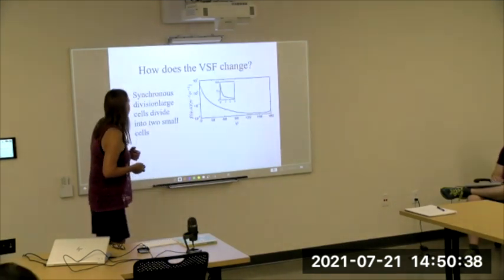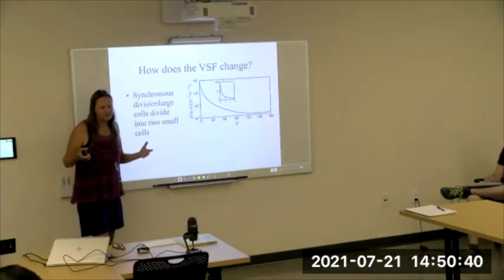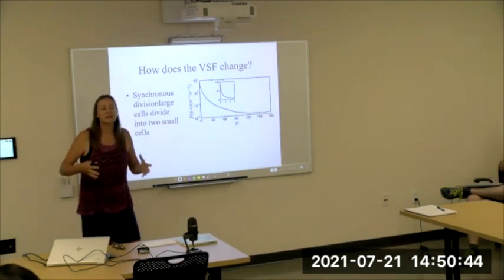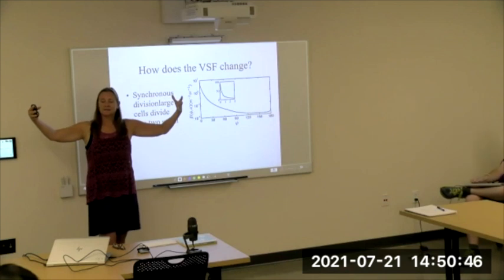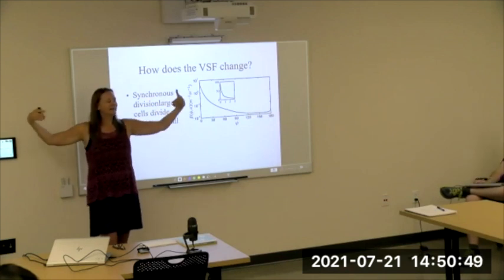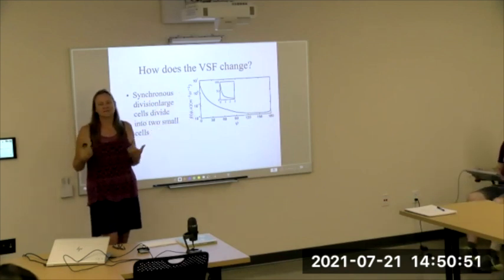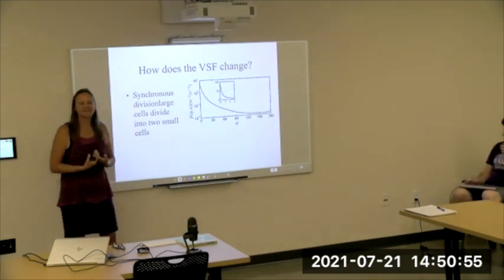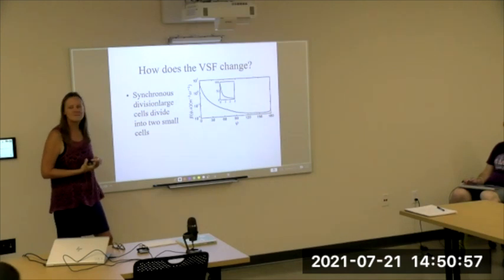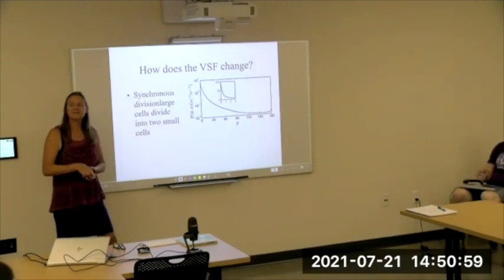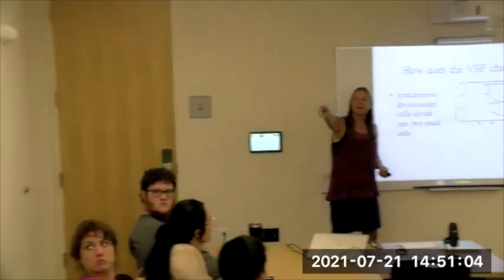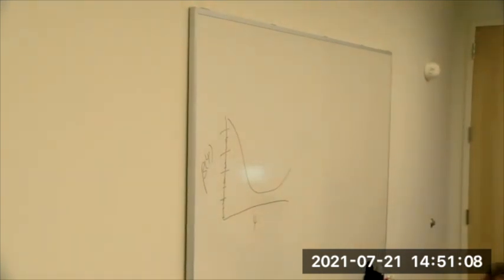And so in thinking about that, imagine you have a community of phytoplankton that are undergoing synchronous division, which means that they grow to a certain size, replicate, and then divide into smaller cells. What would that do to your volume scattering function? Yeah, exactly. So you could actually draw a line on your little graph. If that was the first case scenario, that's the big cells. Now, how would that change?